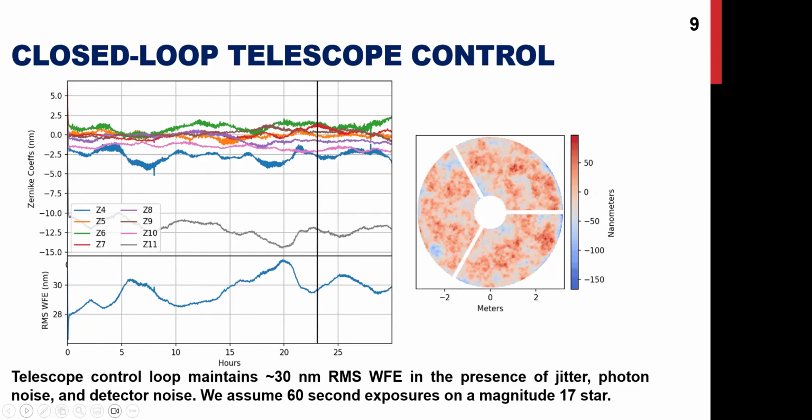So at least in simulation, things work. We can maintain roughly 30 nanometers RMS wavefront error. For this simulation, I had jitter, photon noise, and detector noise all injected in there, and we're assuming 60-second exposures on a, albeit relatively bright, magnitude 17 star. There's a bunch of leftover spherical.